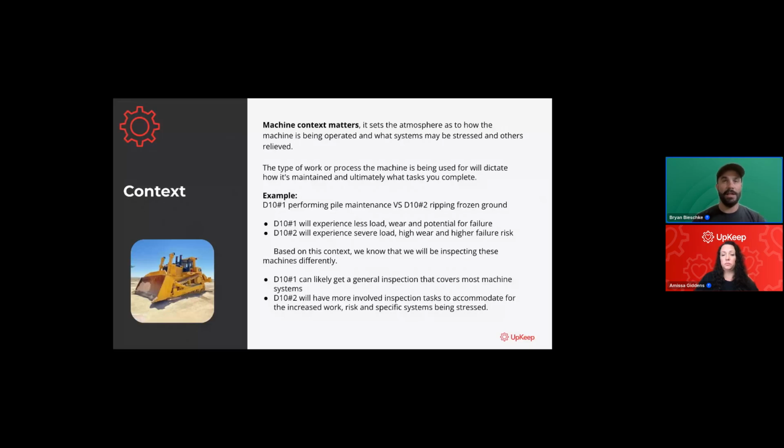The reason I put this in here is that mobile equipment can do a lot of different things. You may have machines in one specific context, which you should leverage when building your tasks. But everything sees a different amount of wear, risk, and stress, and we need to understand those risks and call them out in our PM task.